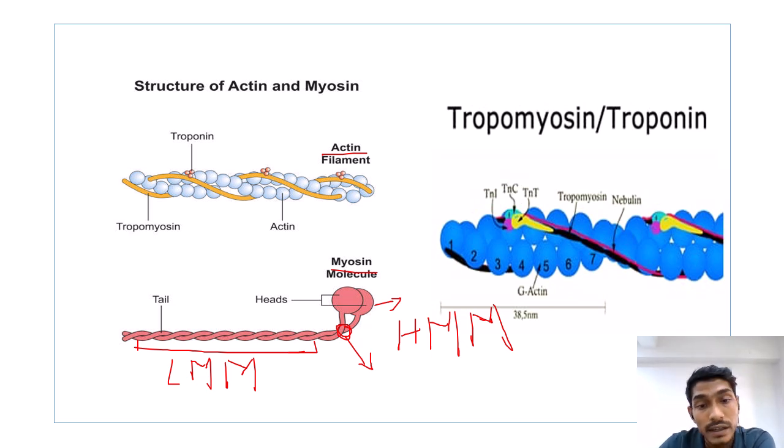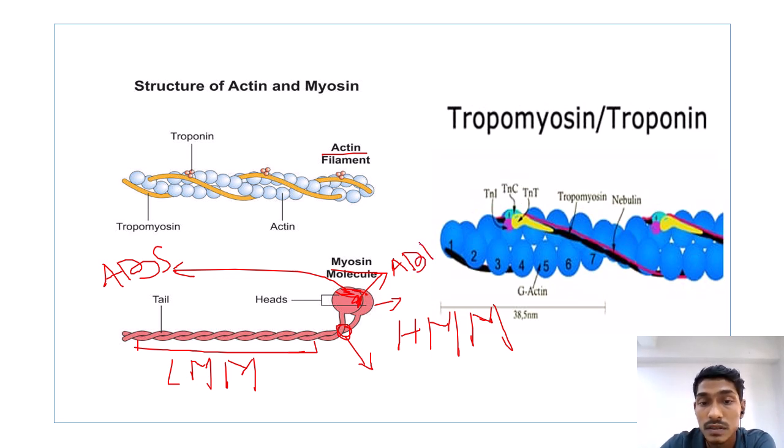In the myosin head, some things are already present. One is the actin binding site, ABS, and another one is the ATP binding site.